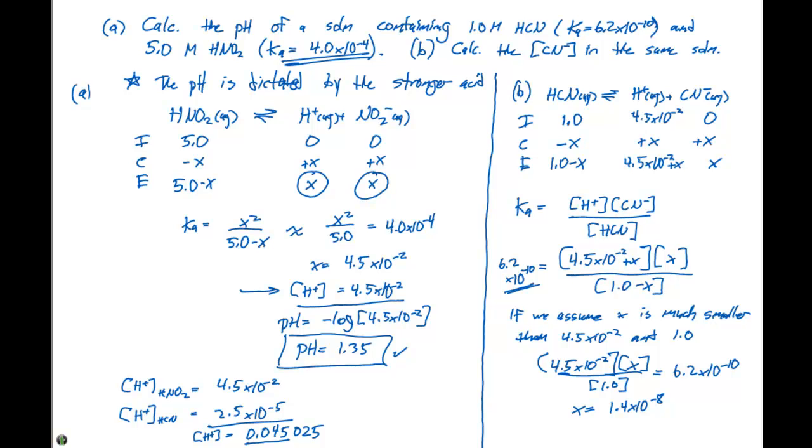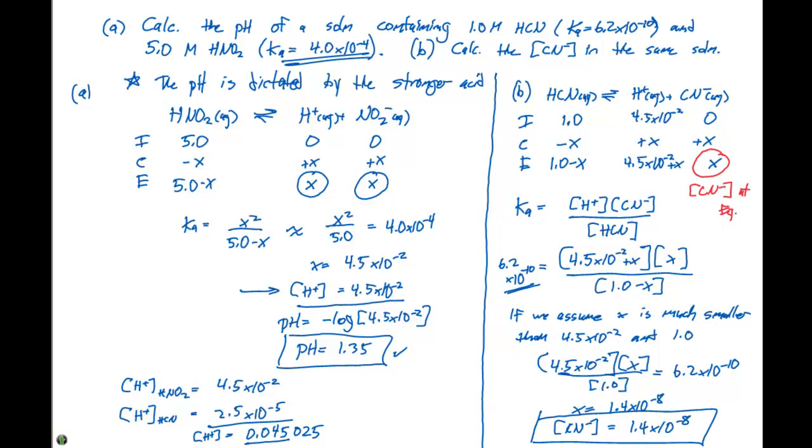Okay? If we look back up at our ICE table, that x right here is going to equal the concentration of CN minus at equilibrium, which is exactly what we're trying to solve for. So our x is going to be the concentration of CN minus at equilibrium, which will be 1.4 times 10 to the minus 8.